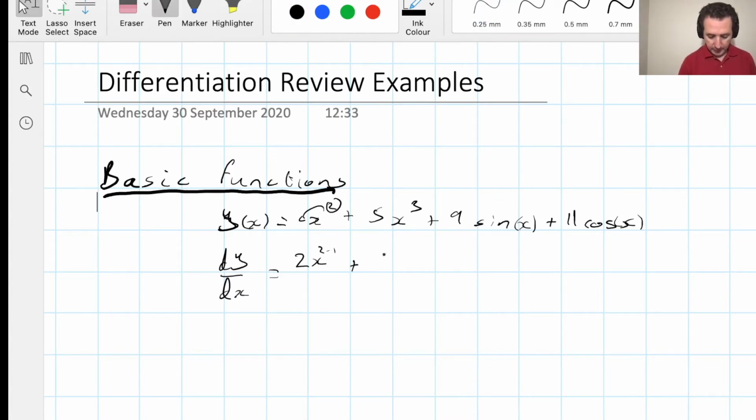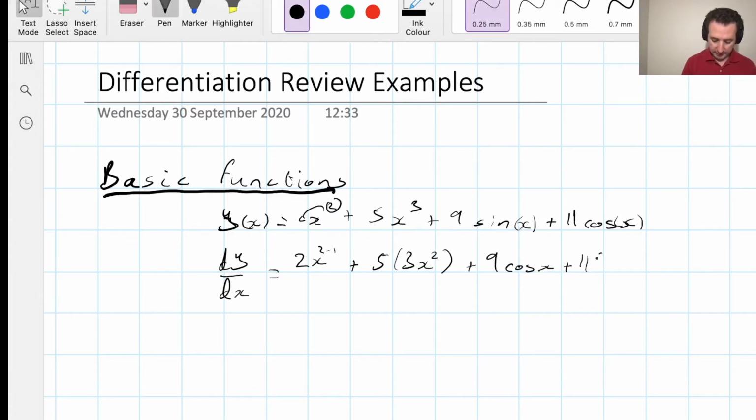Plus, I leave the 5 to the side because sometimes you do that. Then the derivative of x cubed is 3x squared. Plus 9, once again, I leave the 9 aside and deal with the sine x. The derivative of sine x is just a rule: it's cos x. Plus 11 times minus sine x.